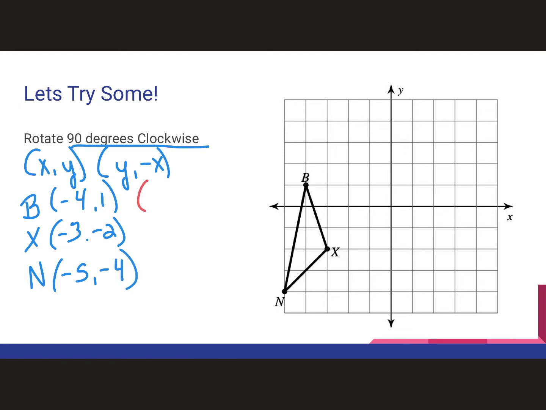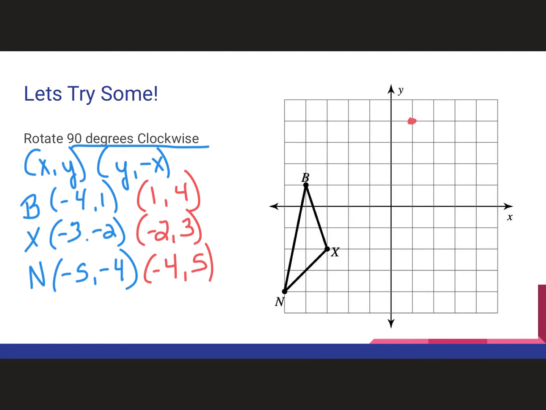So I'm going to flip them. This becomes (1, 4), because the opposite of -4 is 4. This one becomes (-2, 3), because the opposite of -3 is 3. And this one becomes (-4, 5). So when I put those on here, I see the point (1, 4) is up here.